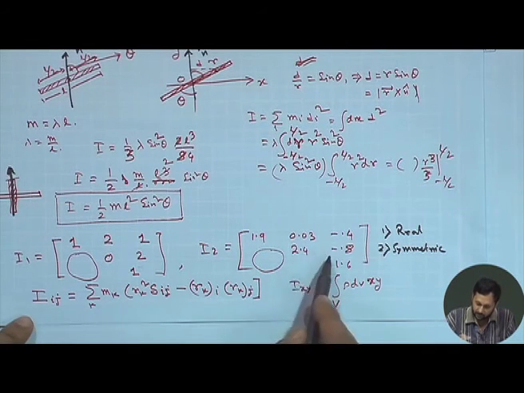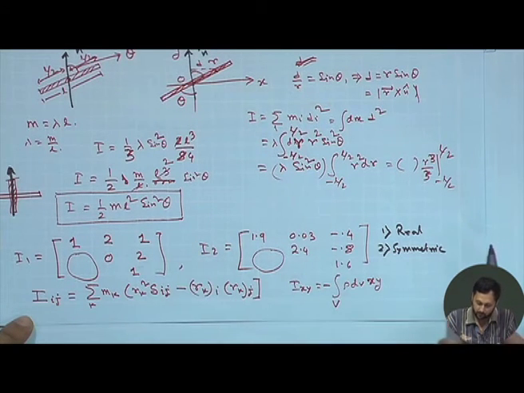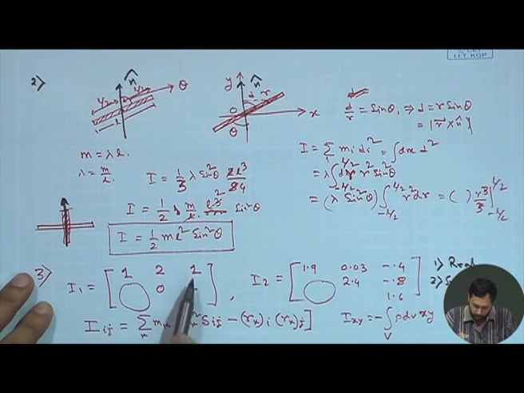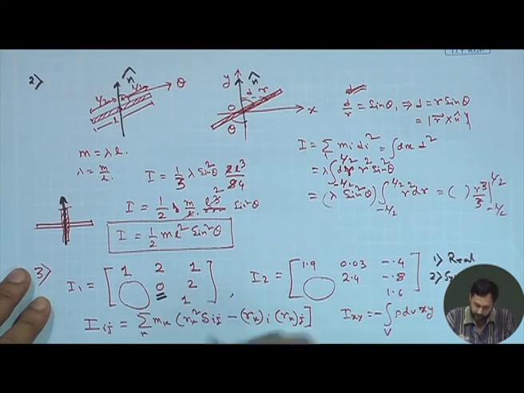Now, what will tell us whether this one is a proper inertia tensor, or this one is a proper inertia tensor, or both? Now, let us look into this carefully. So, we have Ixx equal to 1, Izz equal to 1 and Iyy equal to 0. Now, there comes the hint.